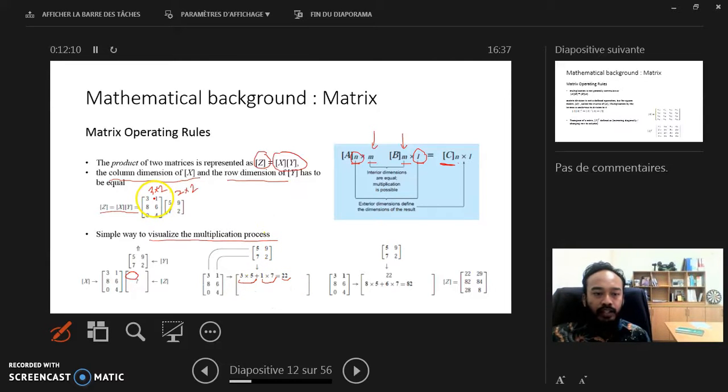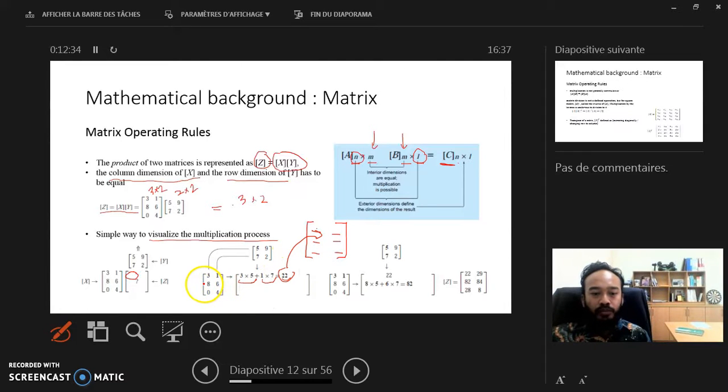So let's say now it's a 3 by 2 multiplied by a 2 by 2. The result will be a 3 by 2 matrix, which means 3 rows and 2 columns. So the first one, 22, comes here.